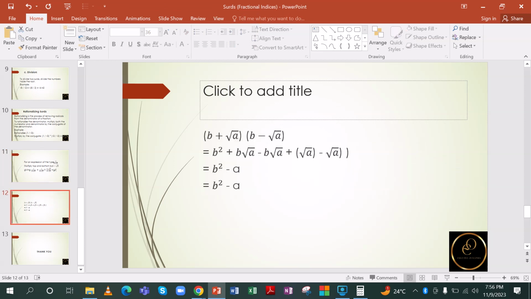Then we move on. It calculated this one, and it demonstrated how you deal with the surds operations, which are subtraction, addition, multiplication, and division. The other thing that you need to be comfortable with is simplification. How do you simplify a surd? So we have looked at how to simplify a surd and how we deal with the operations relating to a surd.